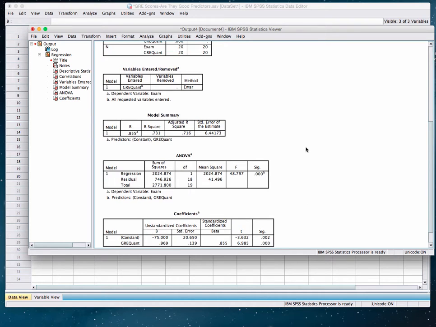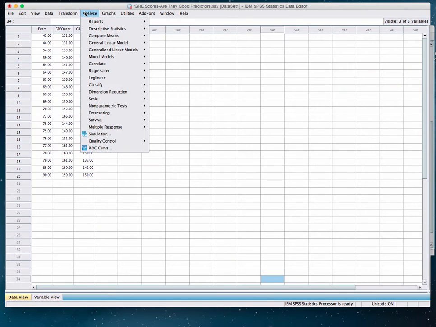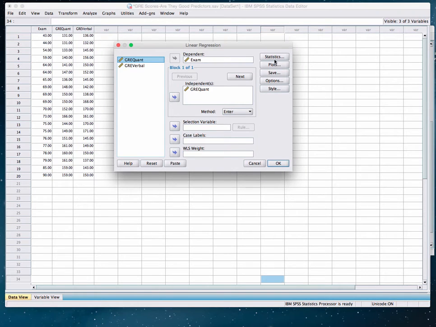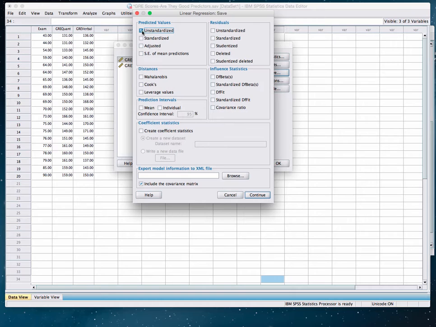Now let's come back up to the standard error of estimate. The standard error of estimate helps us understand how precise our prediction is in terms of predicted GRE scores. So one of the things I can do is go back up to Analyze, Regression, and Linear, and under Save I can save the unstandardized predicted values.